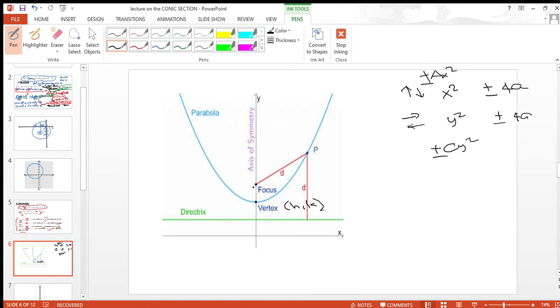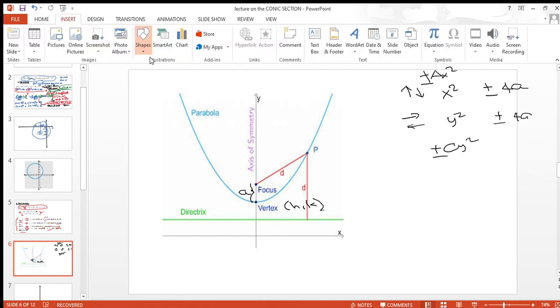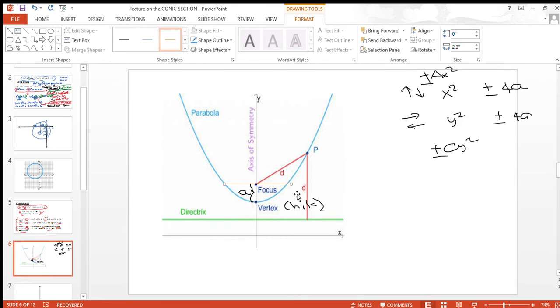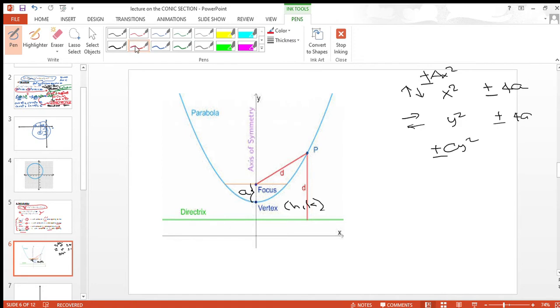And then, we have what we call the focus. The distance of the focus from the vertex is a. The distance is a. And then, if we draw a line passing through the focus, the endpoints of that line, let me just label that.